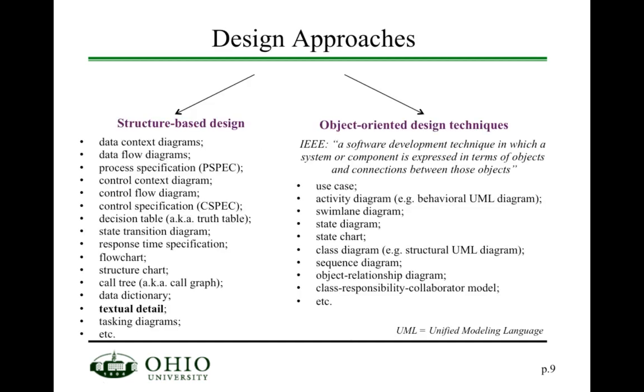Okay, so for design approaches, we break it down basically into structural design, which are approaches in which you have a clear data flow. Examples are data flow diagrams, control flow diagrams, decision tables, state transition diagrams, call trees, call graphs, flow charts, or just plain textual descriptions.